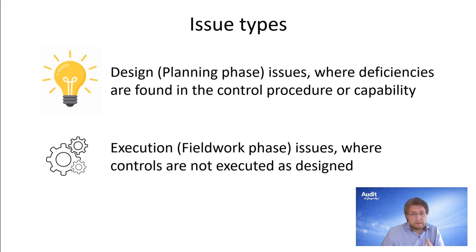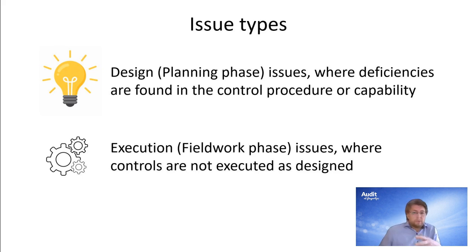And thus, issues might be split into two main types. The first type originates from the control design, which we assess during the planning phase, and the second type originates from the control execution, which we review in the fieldwork phase.